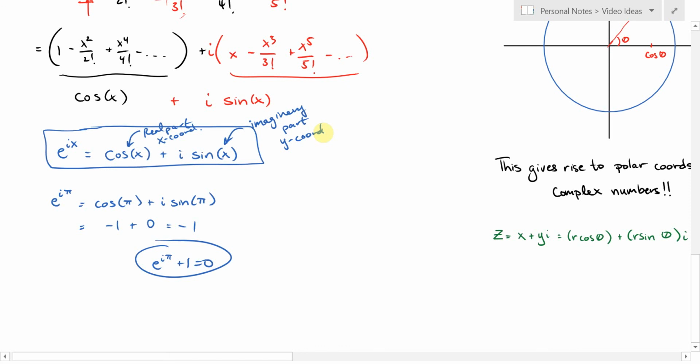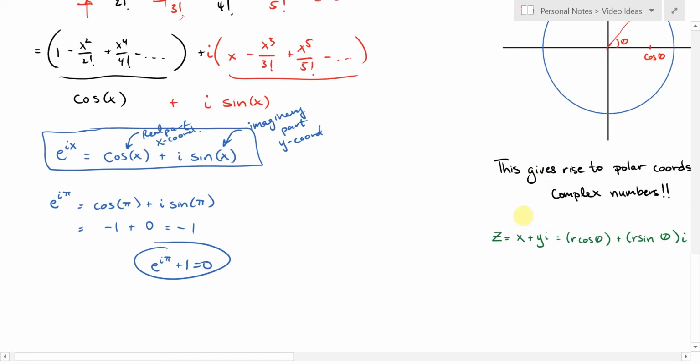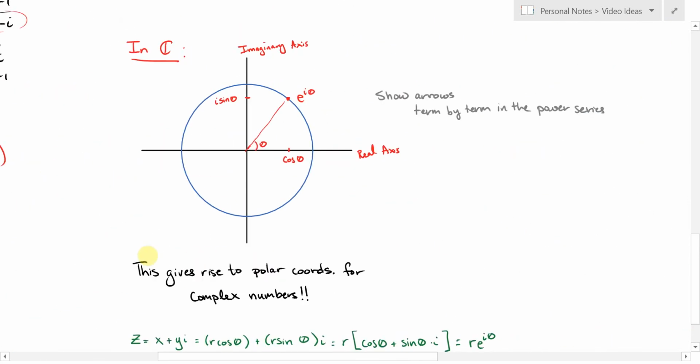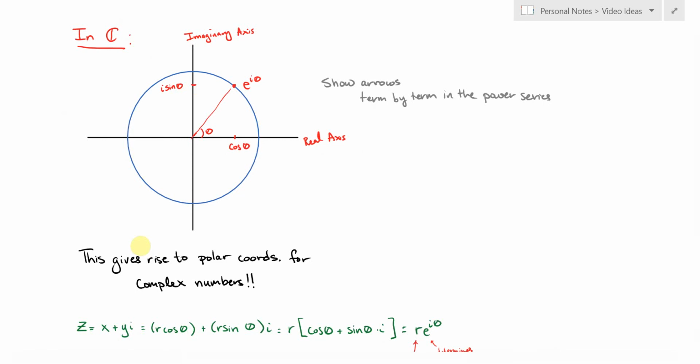So the y-axis is the imaginary axis. So when we look at how things should be in the complex numbers, there's our imaginary axis, our real axis, you're using an x-coordinate of cos θ, a y-coordinate of sine θ, or i sine θ if we're thinking of this as being in the complex plane. When you add them together, you get e^(iθ).